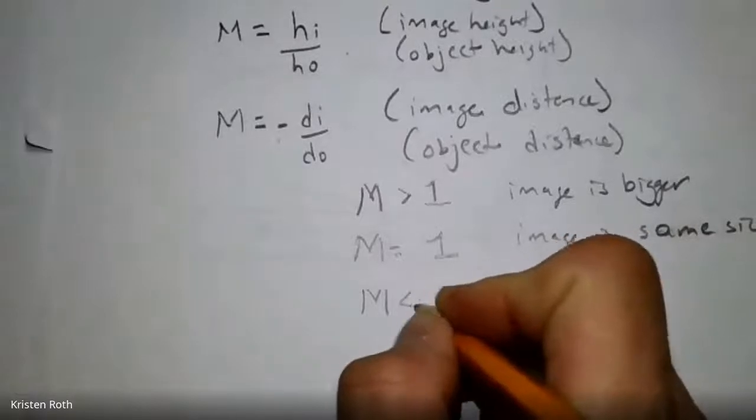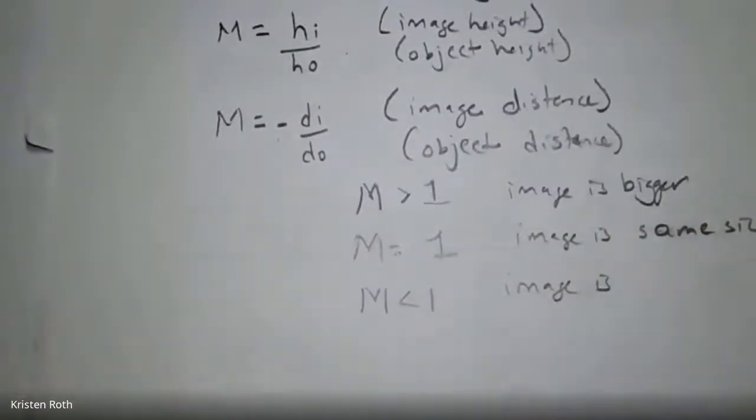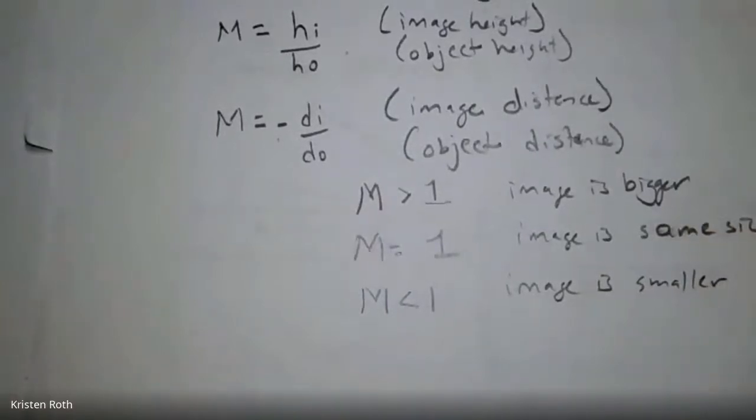Magnification will be less than 1 if the image is smaller than the object. Okay, we got that?